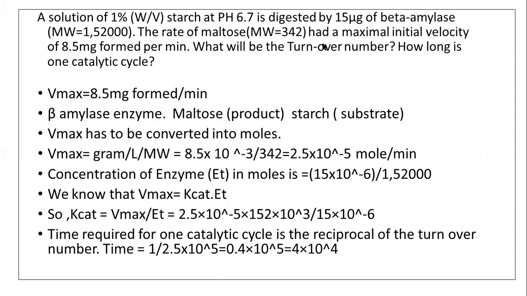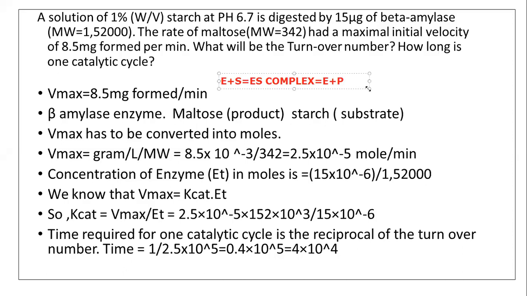Now see the question. We all know that the enzyme combines with substrate to form the ES complex, the enzyme substrate complex. Then the enzyme substrate complex breaks down into enzyme plus product, right?